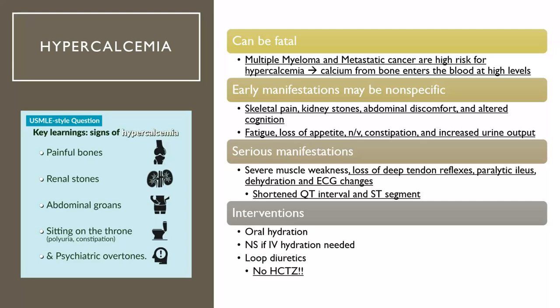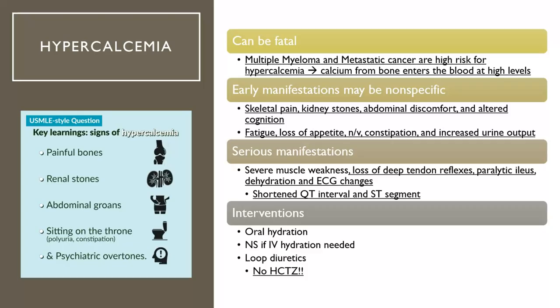But the serious manifestations are where your patient's not going to have any deep tendon reflexes, their muscles are no longer contracting, so they could have a paralytic ileus, dehydration, a shortened QT interval and ST segment, so our ventricles are not going to be able to relax as well, so we're not going to get good blood flow.